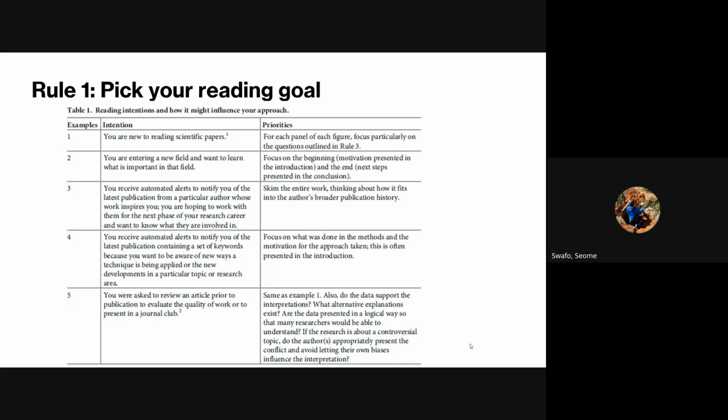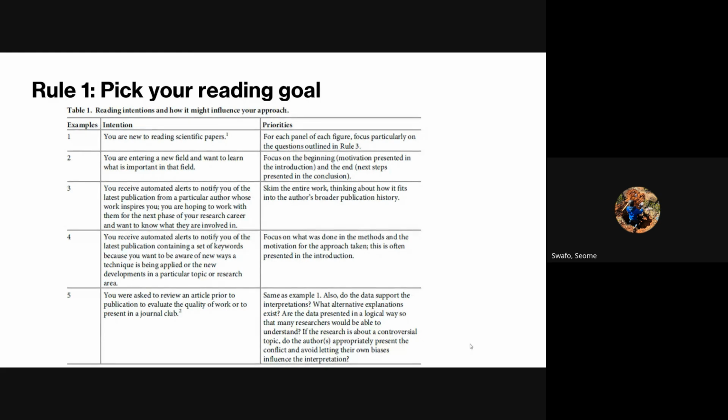But the other key thing that can also motivate your reading when you are new to the field, and you want to see what is important in that specific field. Maybe I'm a soil scientist, maybe I want to go into agronomy. Then I will read an article from the agronomy side so that I can understand what is important in agronomy.